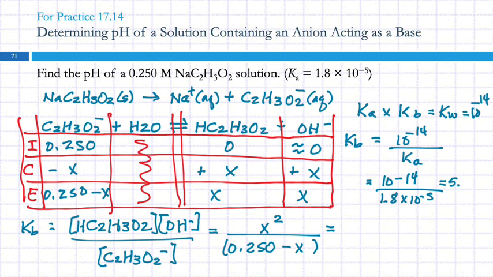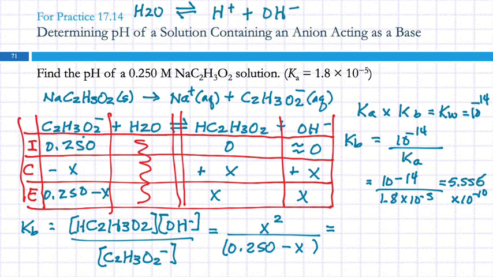10 to the minus 14 is the value of Kw. So when we talked about the autoionization of water, water can self-ionize and form hydrogen ion and hydroxide ion.